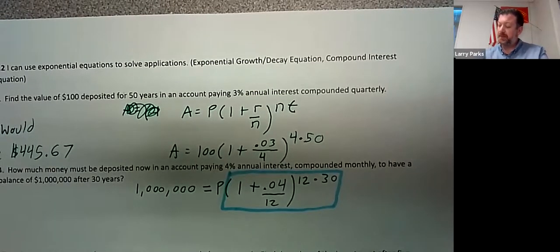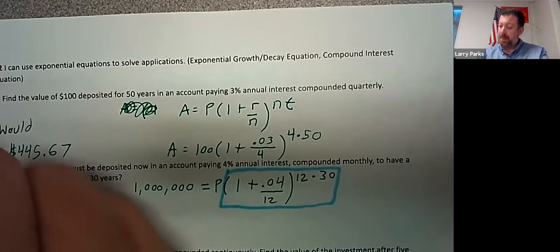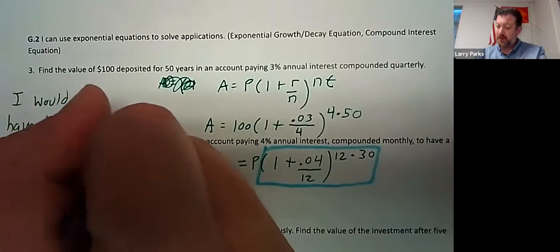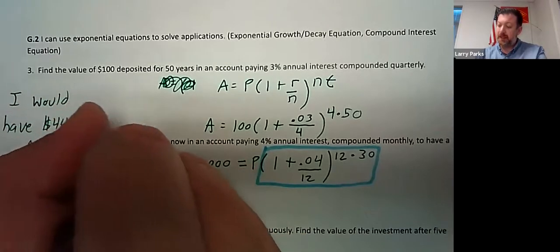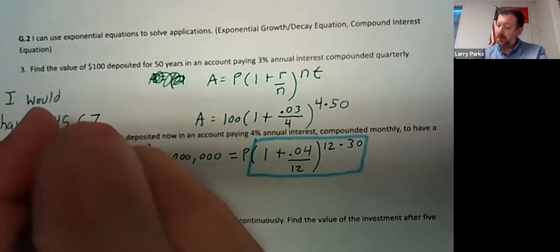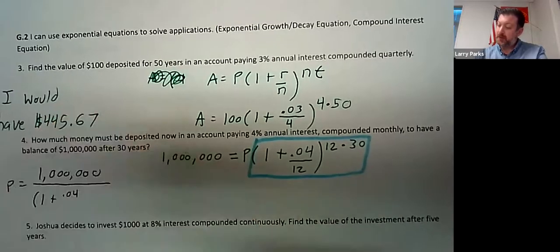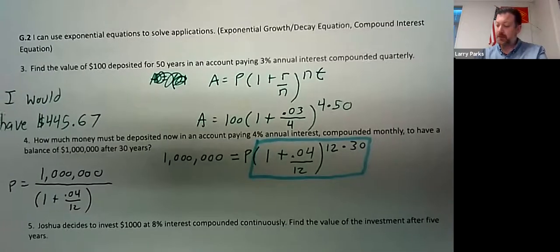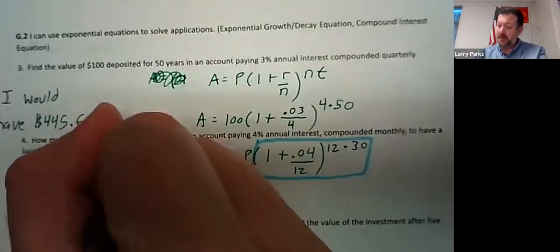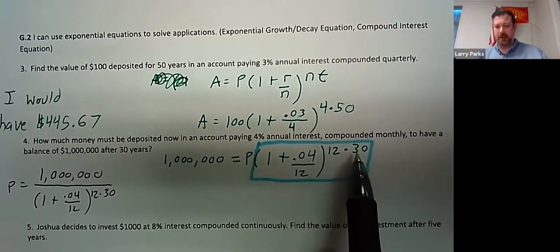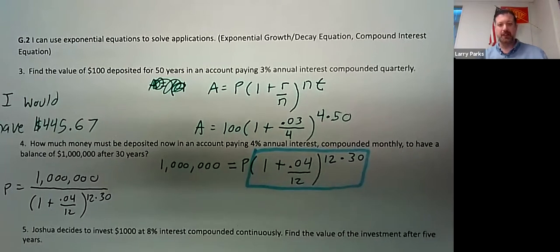So P equals 1 million divided by 1 plus 0.04 over 12 raised to the 12 times 30. All right. Normally I can't do that. Normally there's a variable up here and I have to take the log of both sides. Well, let's go see.